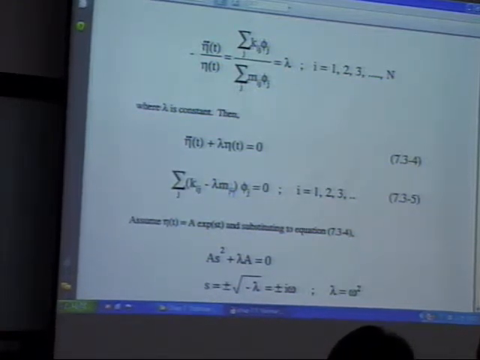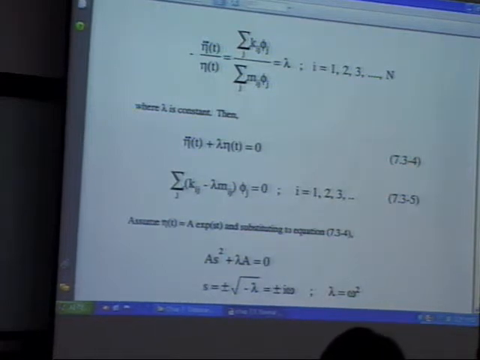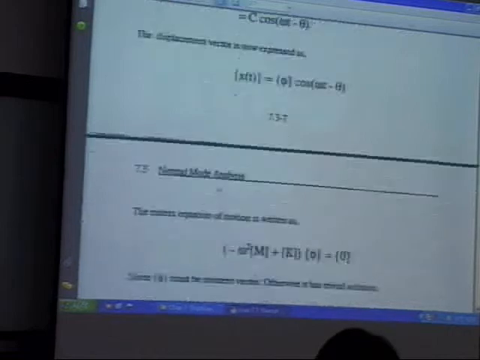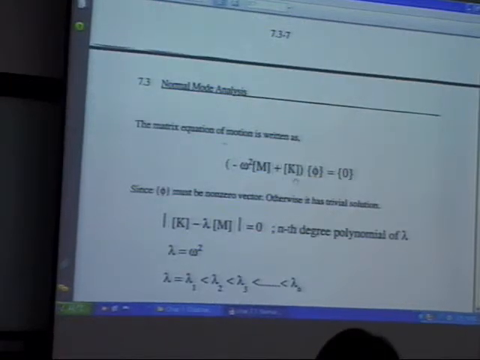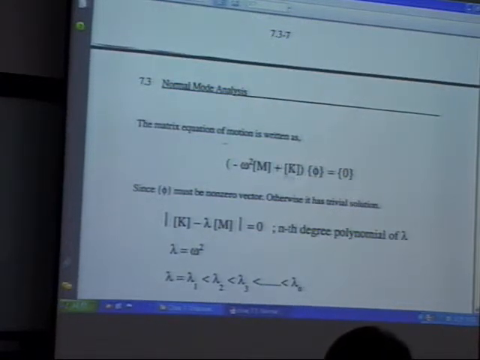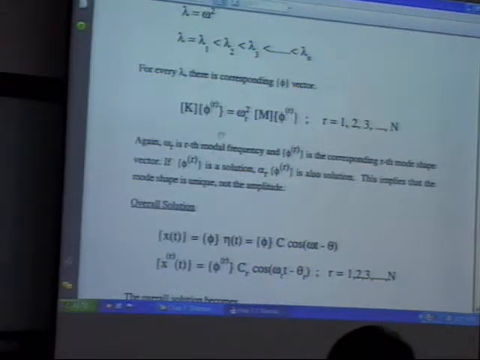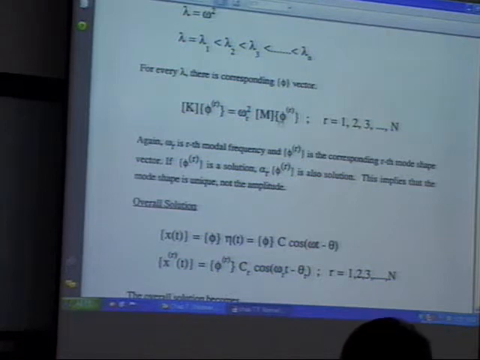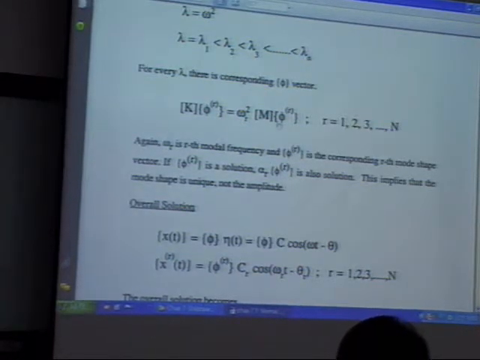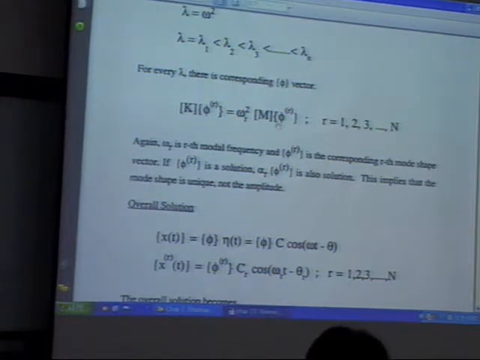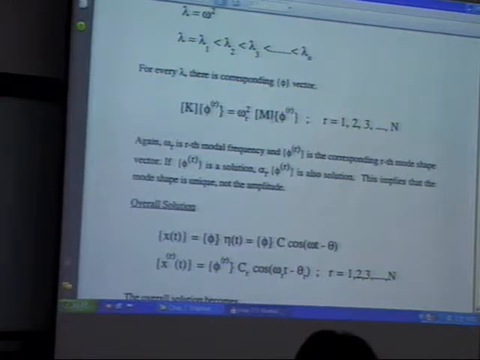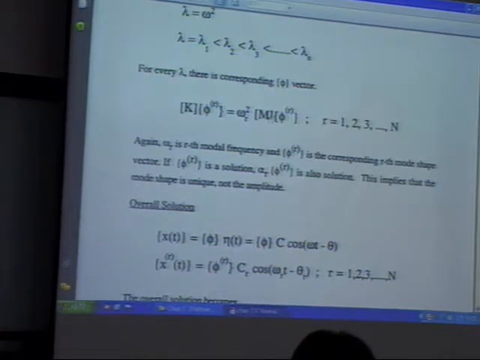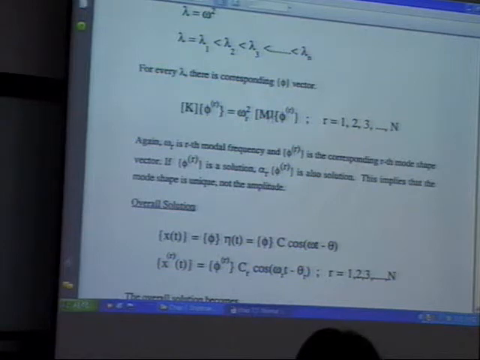Put back into matrix form. For this one, back into matrix form. That's what this is. Identical. So this is a very general expression to solve the eigenvalue. This is a very typical eigenvalue problem set.